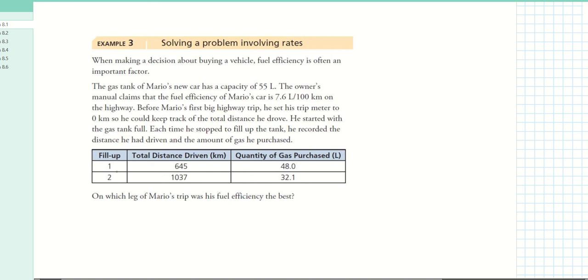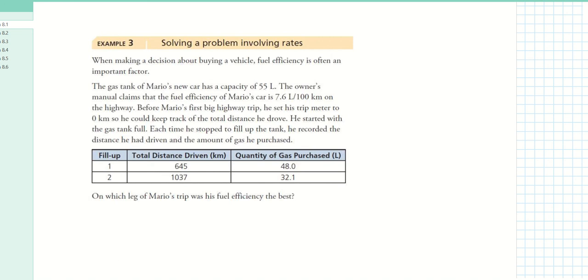We have the first fill up, which was after driving for 645 kilometers. And it says here that he purchased 48 liters of gas. So he used up 48 liters and drove 645 kilometers. And then on the next stop, the trip odometer, the distance they've driven, is 1,037 kilometers, and they've purchased an additional 32.1 liters, which means that from 0 to 645, they used 48 liters.